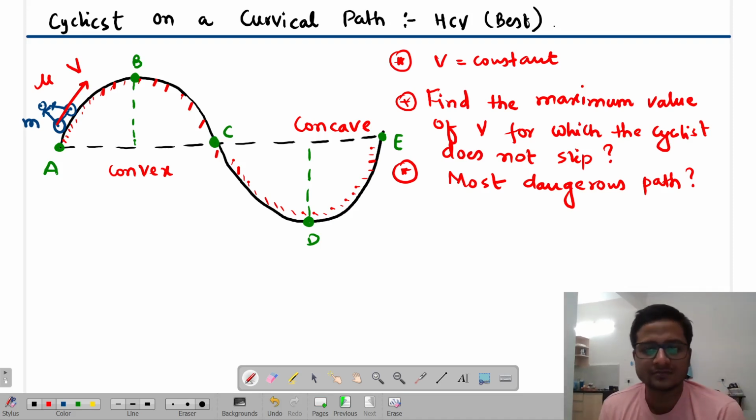You have to identify the most dangerous path and the maximum value of V for which the cyclist does not slip. This is your homework. You have to tell me tomorrow.